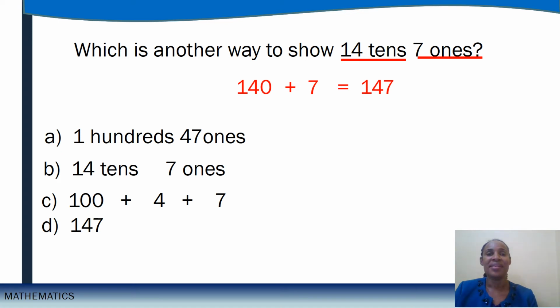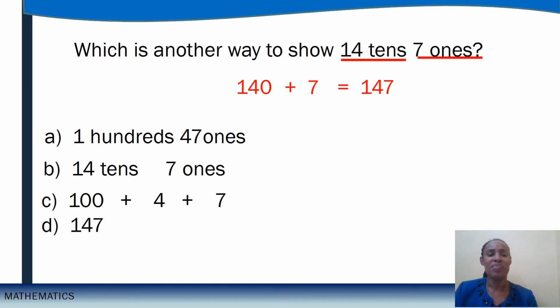A says 147 ones. Is that the same as 147? Excellent, boys and girls. I agree with you. 147 ones is the same as 147.